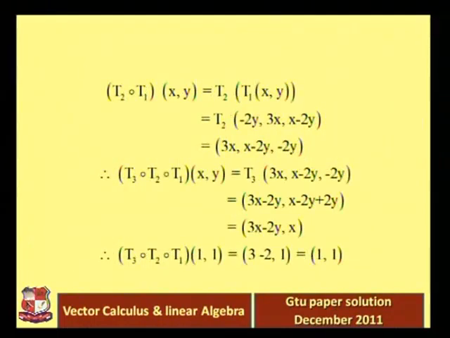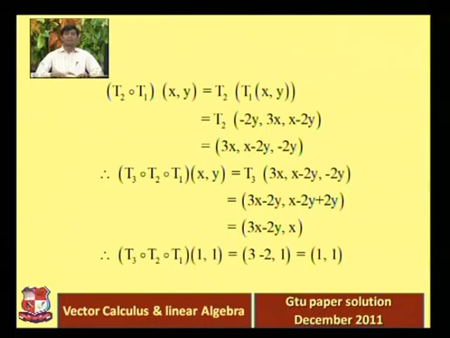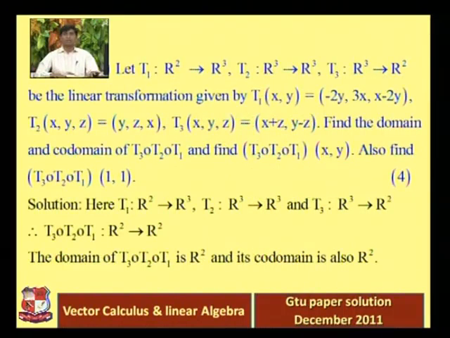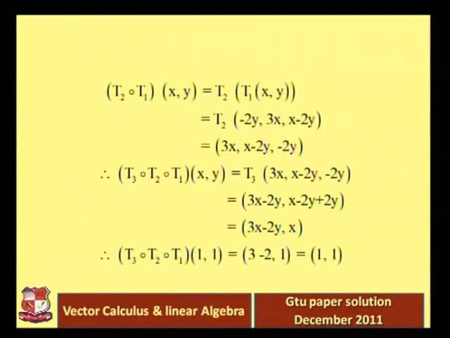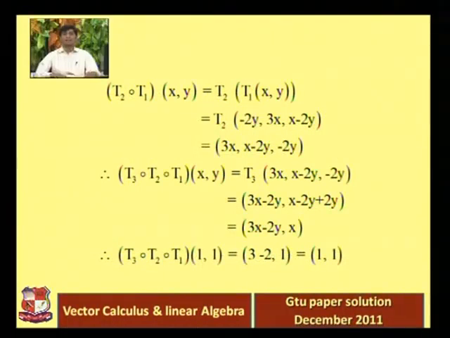Now next, T2 T1 of (x,y), that is T2 of T1(x,y). So T2 of T1(x,y), that is T2 of (minus 2y, 3x, x minus 2y). On that vector operate T2. How do we operate T2? T2 is (y, z, x), so that will become (3x, x minus 2y, minus 2y).